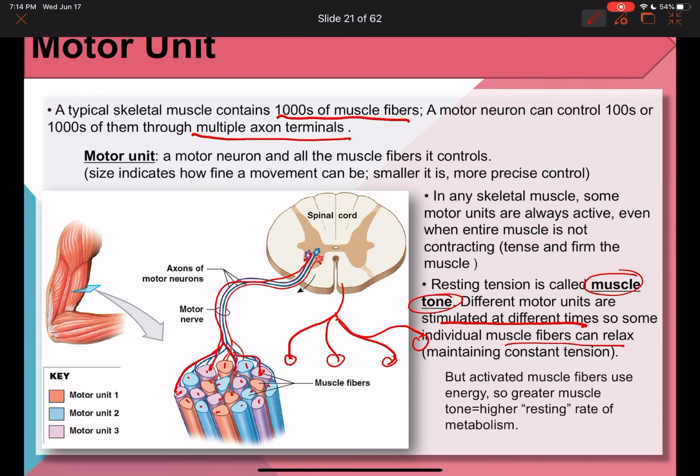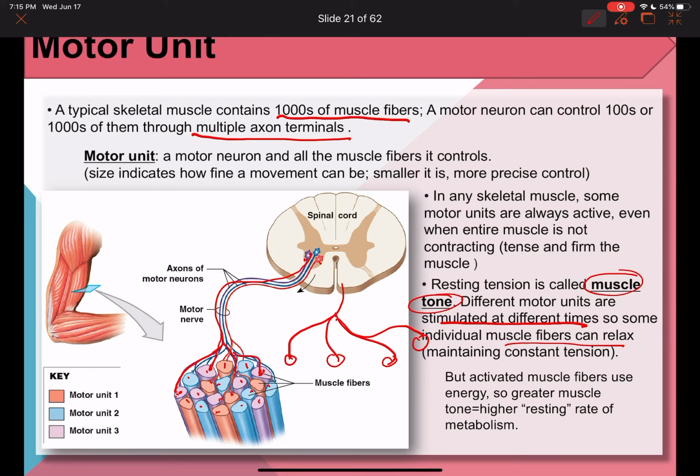So, activated muscle fibers will use energy. Okay, so the greater the muscle tone, the higher the resting rate of metabolism. When you have a bigger piece of muscle, it will require more energy, even when you're just resting. Of course, when you're activating it to do stuff, lift weights, go out for a run or a jog, that really requires and burns a lot of ATP.